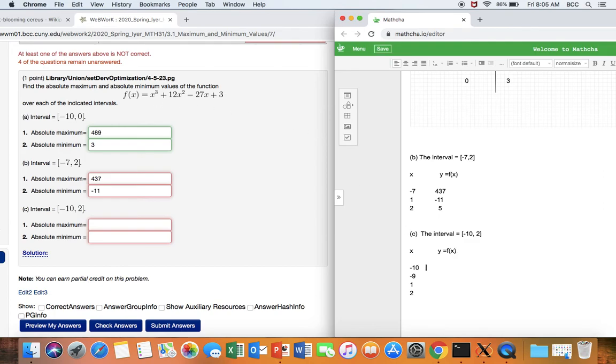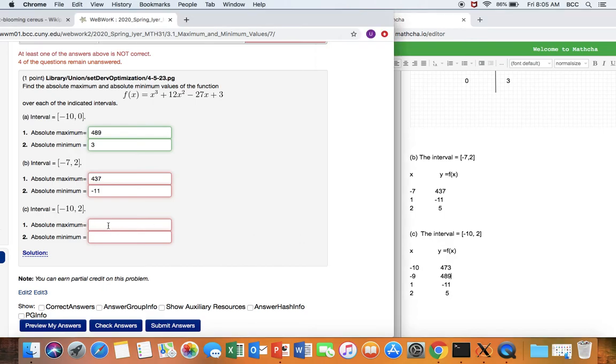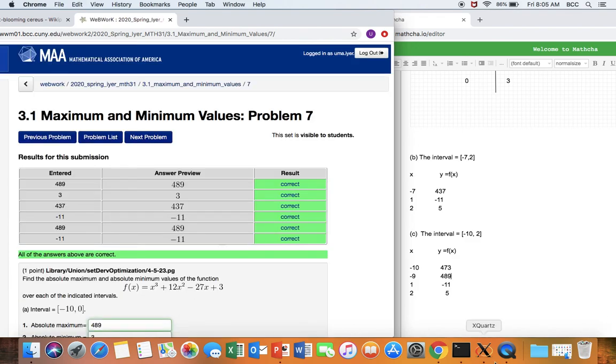So at negative 10 I have 473, at negative 9 I have 489, at 1 I have negative 11, and at 2 I have 5. Okay, so what does this say? The absolute maximum is 489 and the absolute minimum is negative 11. Okay, submit. We are done. Until the next video.